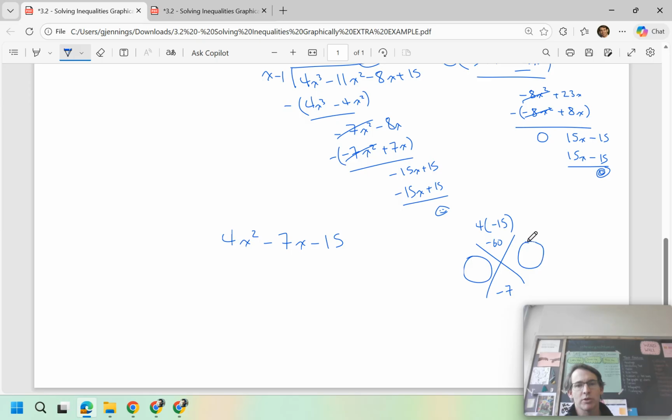What are the magic numbers that do this? 60's factor rich, so there's a lot of different ways to do this. 12 and 5. Yeah, negative 12 and positive 5. So once we found these numbers, we can rewrite this as 4x squared plus 5x minus 12x minus 15.